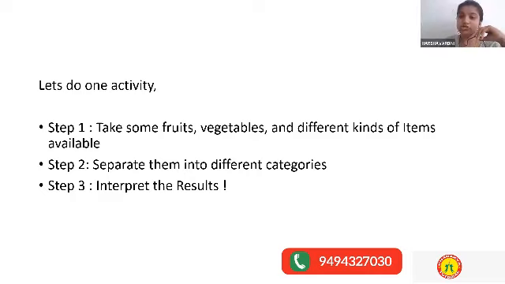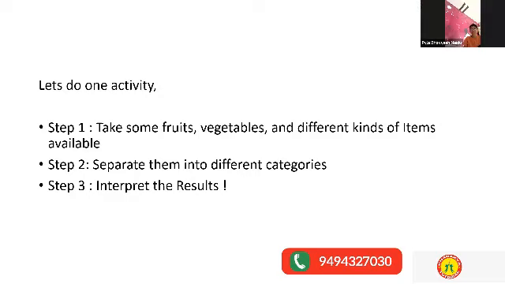Based on what criteria did you separate? Ma'am, I ripped off the up one and took out everything easy. Okay, you brought vegetables and fruits. You mixed them, and you brought pomegranate and carrot. Pomegranate is a fruit, but carrot is a vegetable, right? Yes, ma'am.